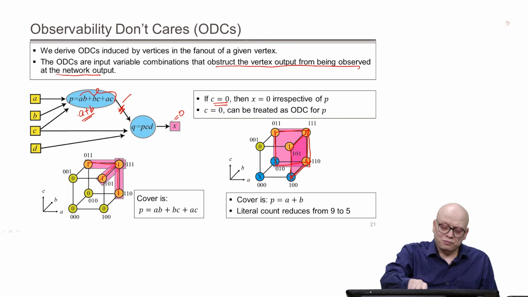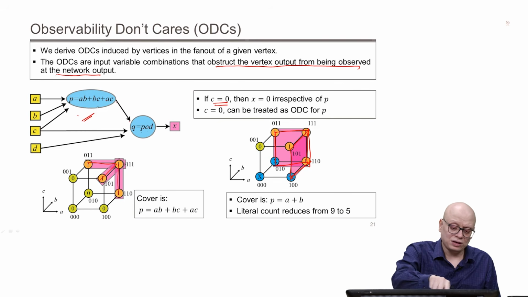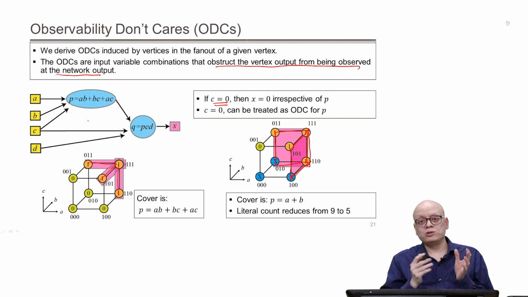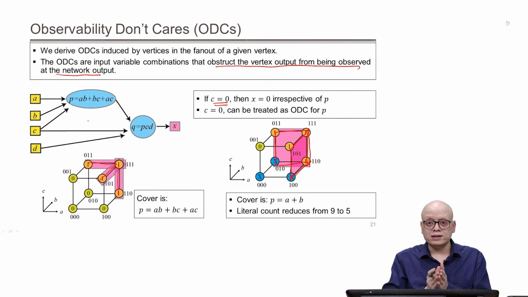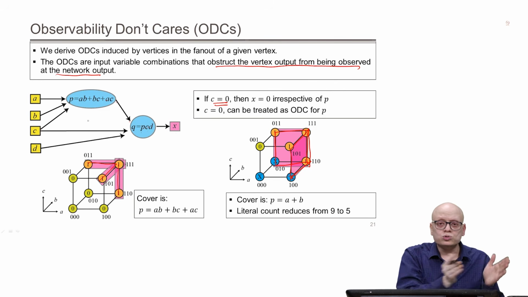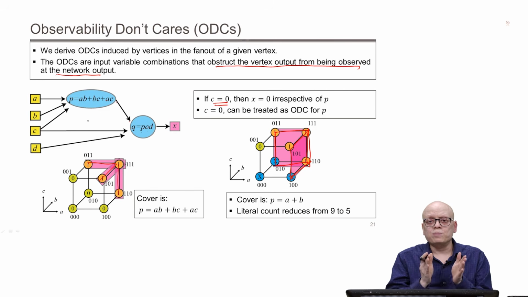So, we have seen a very simple case of controllability don't cares and observability don't cares, in which the nodes are very close to the input or the output, and the number of vertices in the network is very limited.